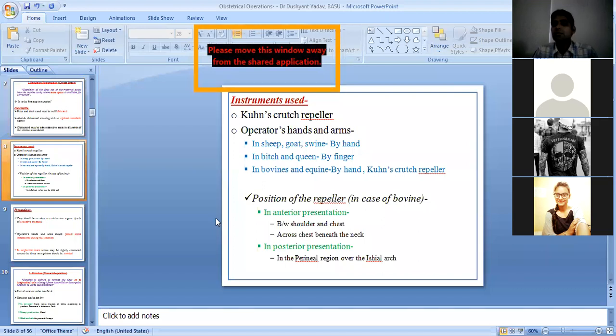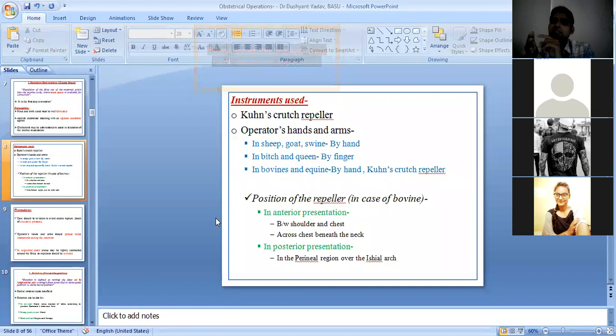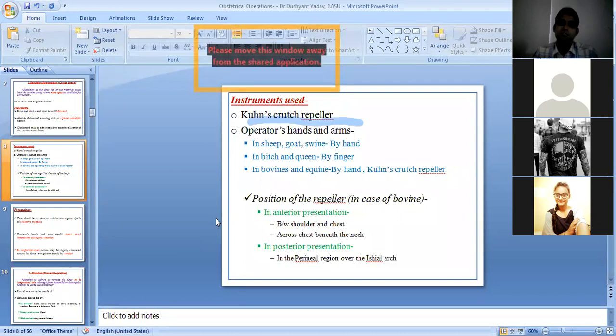There are some common instruments, as I mentioned. By hand in the cases of large animals, like the sheep, goat. In sheep, goat, and swine, if your hand is very thin, then you can apply it. Otherwise, it is very dangerous. And in bitches and queens, you should apply the finger. By finger, repulsion of the fetus can be done.